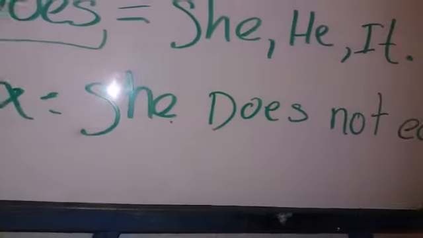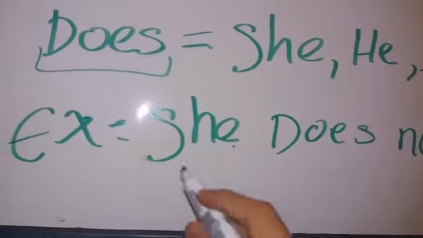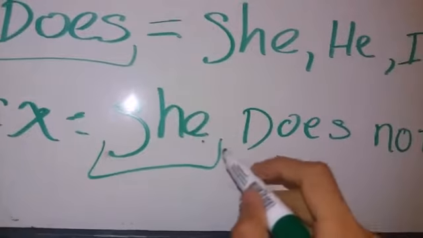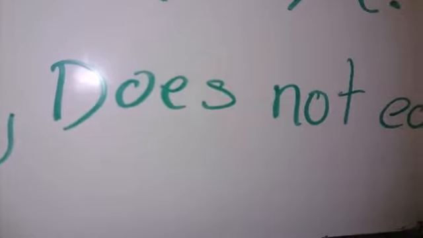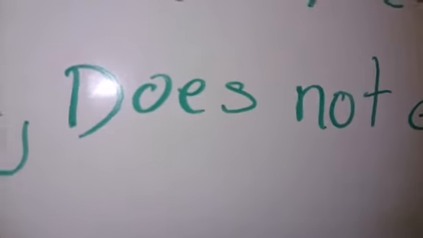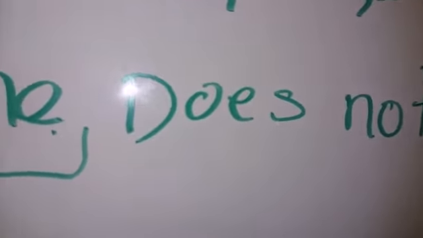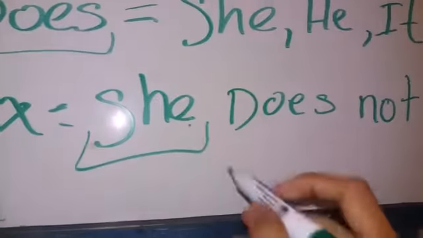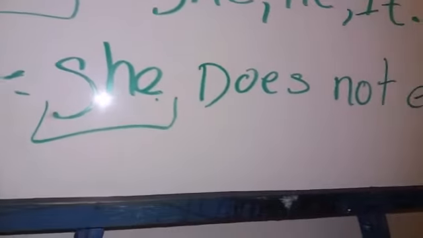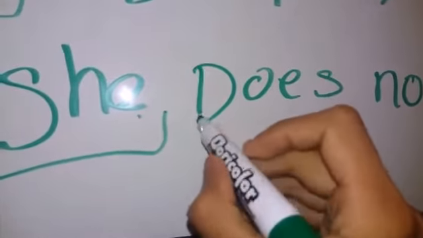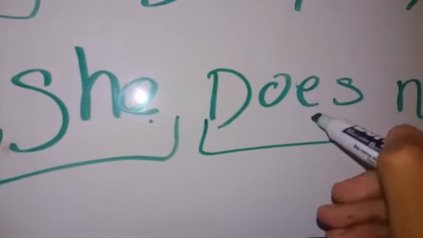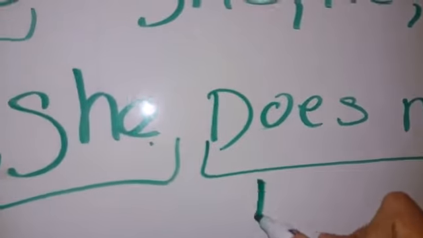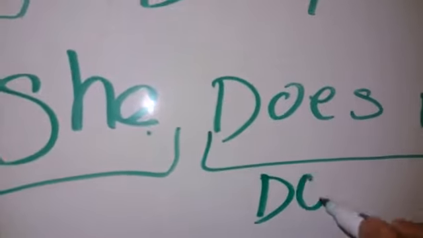In negative form, the third person, in this case she, we don't add an s. No, this is incorrect. So she does not eat. The contraction between does and not is doesn't. The pronunciation is doesn't.